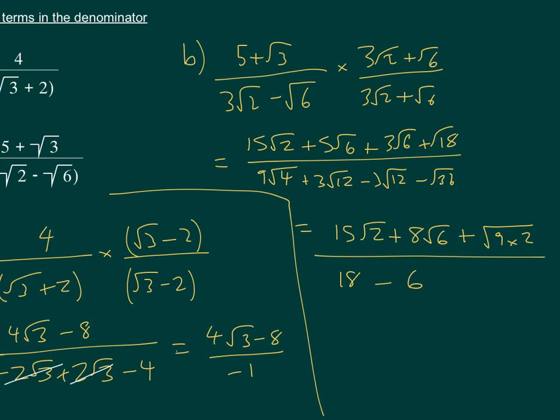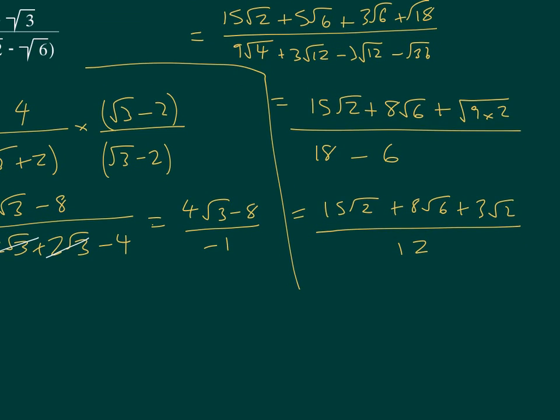So then the second last line we're going to have is 15 root 2 plus 8 root 6 plus root 9 is 3 root 2 over 18 minus 6 is 12. And then these root 2 terms are going to add together, so we'll have 15 root 2 plus 3 root 2, which is 18 root 2, plus 8 root 6 over 12.